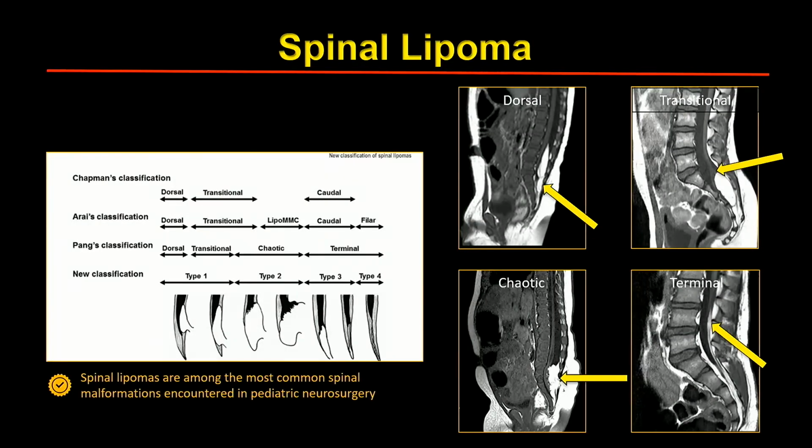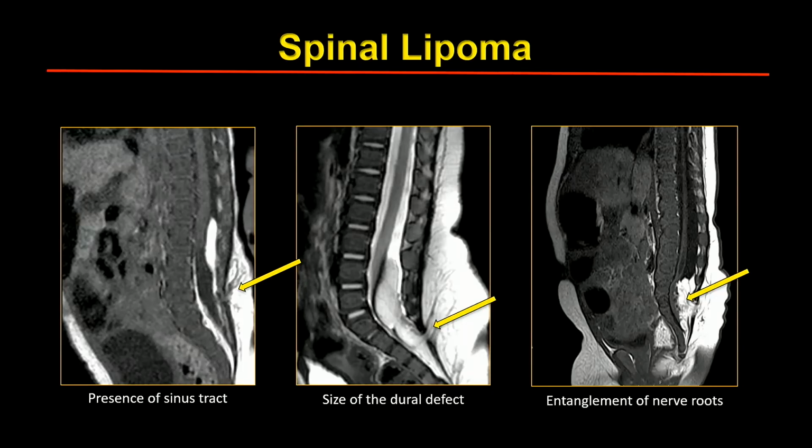Now, I don't think people will remember this. So what is important for us as radiologists? What are our neurosurgeons looking for? Of course, they're looking for the size and location of lipoma. In addition, they're looking for three important things. Is there a presence of sinus tract? Because if there's one, they need to probe the tract and they need to completely resect the tract.